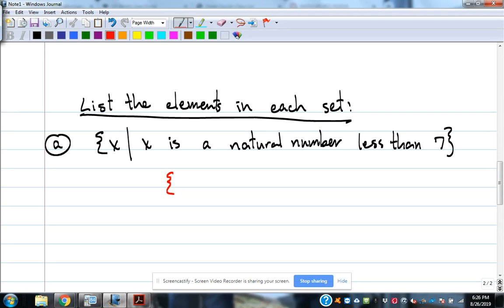So what are the natural numbers that are less than 7? 1, 2, 3, 4, 5, 6. Is 7 included? No, because it said less than 7. It didn't say equal to. So we have to leave out the 7. So 1 through 6 are the natural numbers that are less than 7.